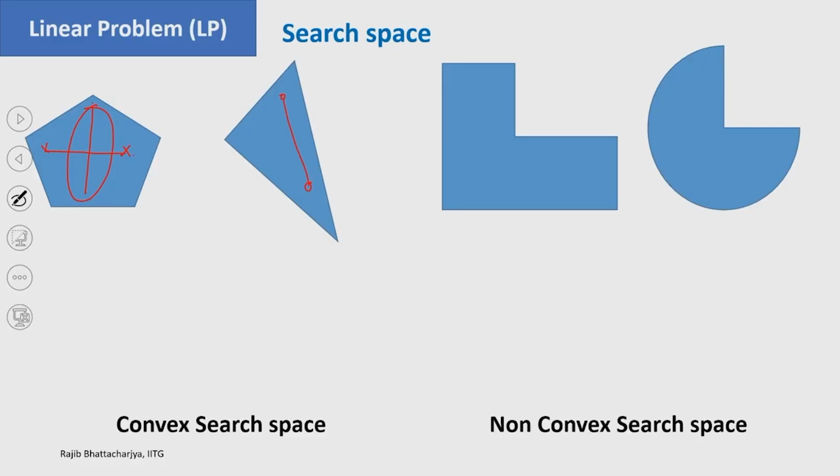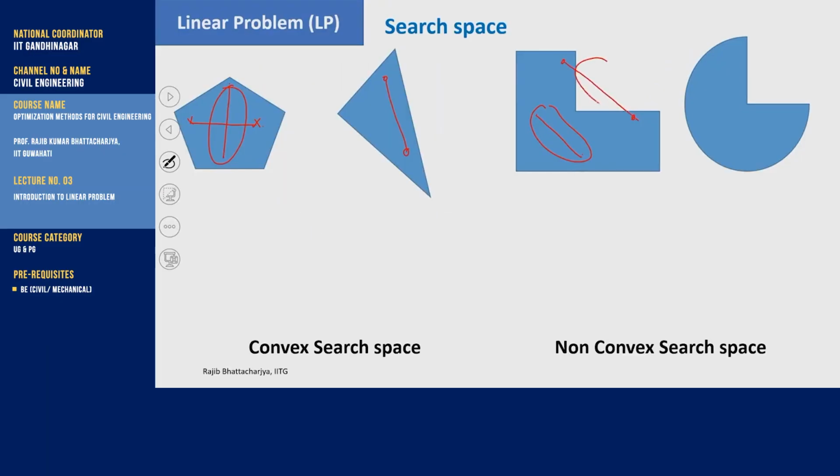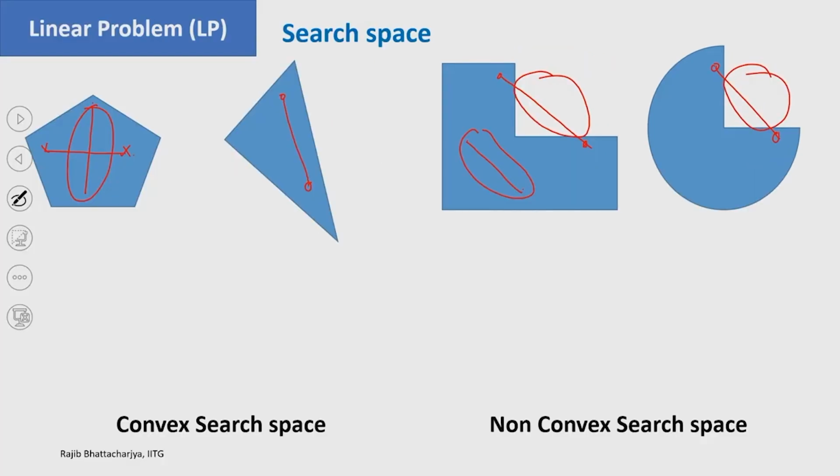Now, the question is, in this case, if I take these 2 points and draw this line, it is within this search space, but I can also take these 2 points. When I draw this line, it is not within the search space. So, therefore, this is a non-convex search space. Similarly, if I take these 2 points, this particular line is not within the search space, and this search space is a non-convex search space.